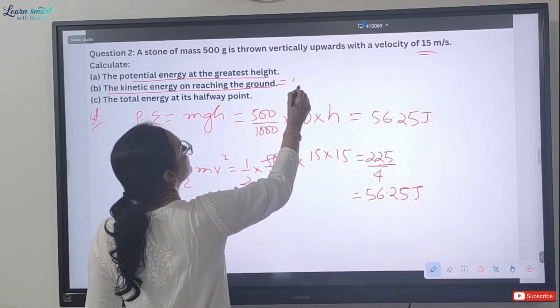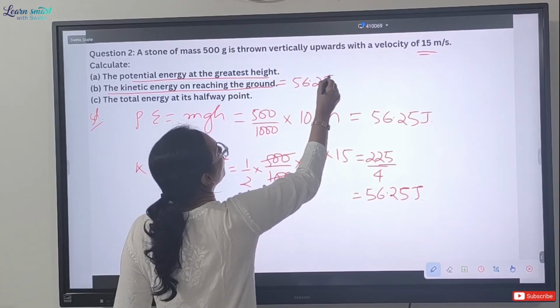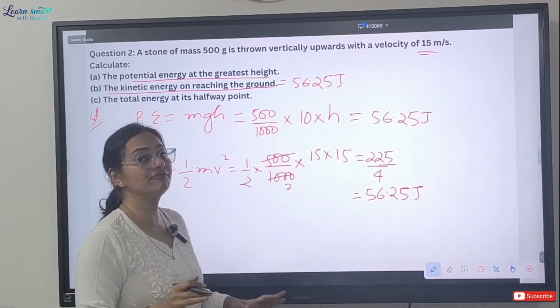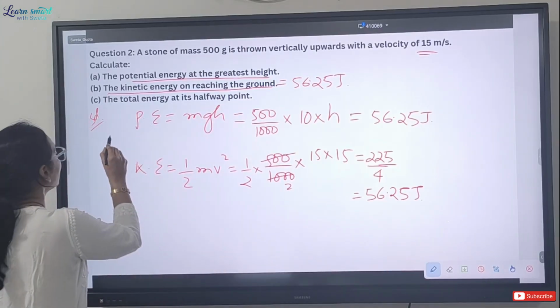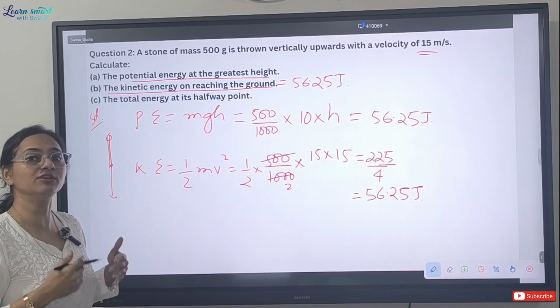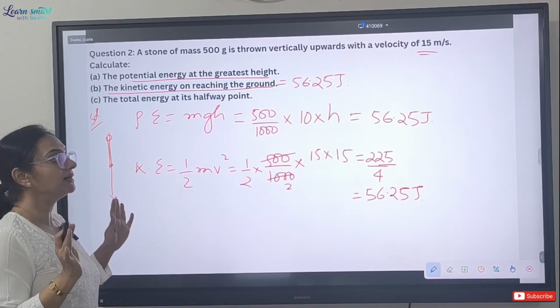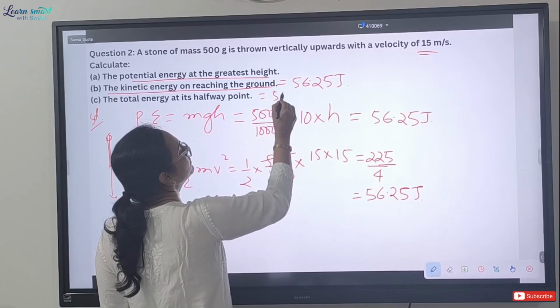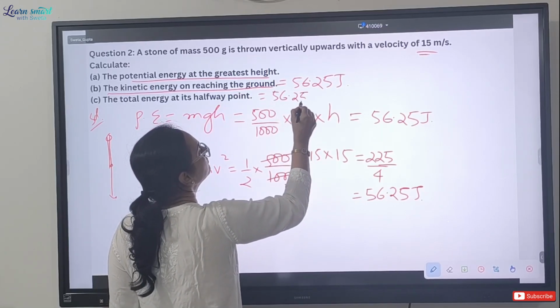So that kinetic energy will again be 56.25 joules. And the total energy at its halfway point, same. When the ball is halfway, it will have kinetic energy and potential energy both. But the sum of both the energies will again be same and therefore that energy will be 56.25 joules.